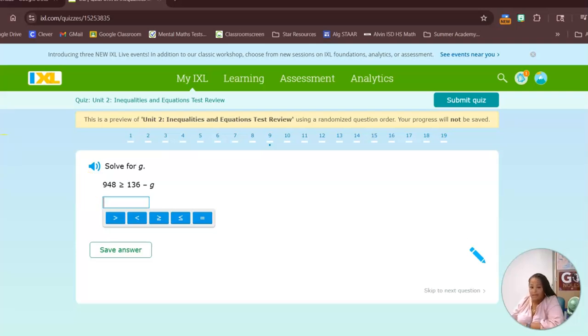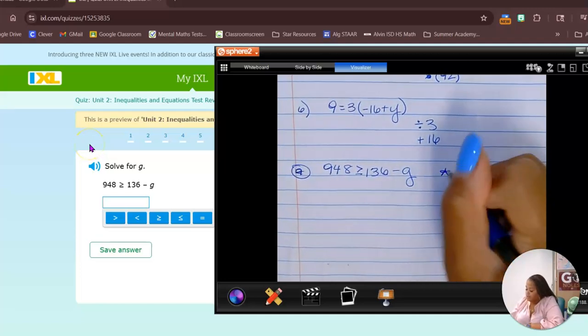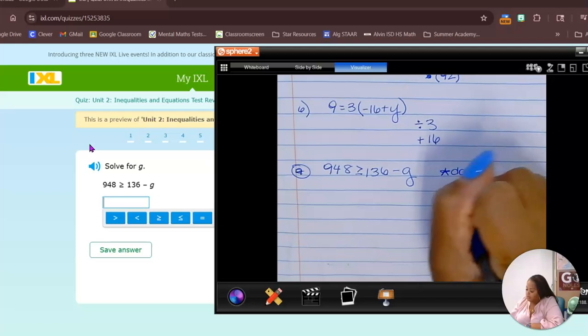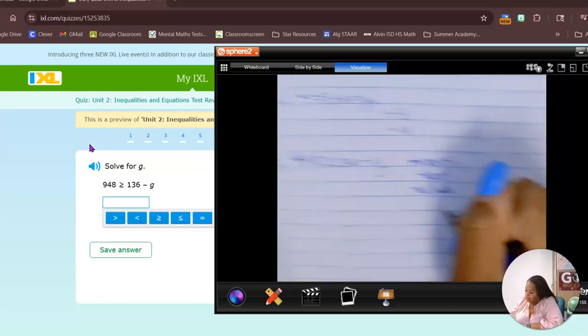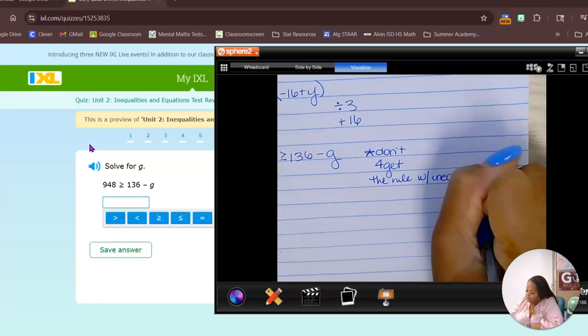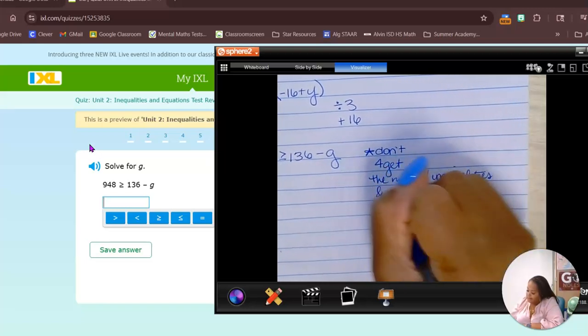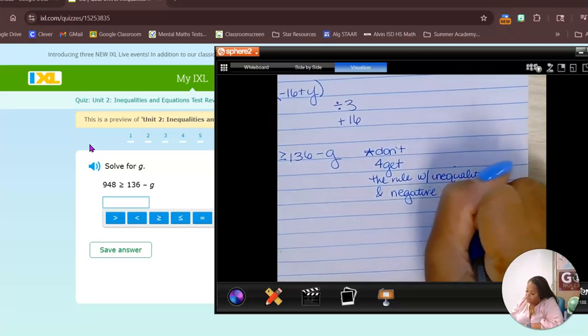All right, 948, this is question number 9. Is greater than or equal to 136 minus g. All right, this has a negative, so don't forget the rule with inequalities and negative coefficients.